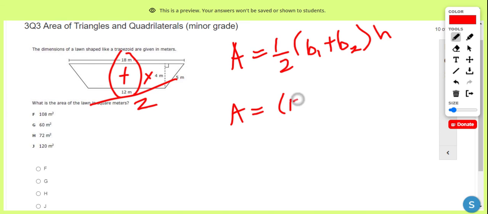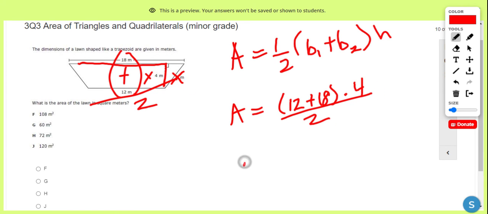So writing it out, we have 12 plus 18 times 4. The perpendicular side is the height. That is extra information. So that's going to give us 30 over 2 times 4.